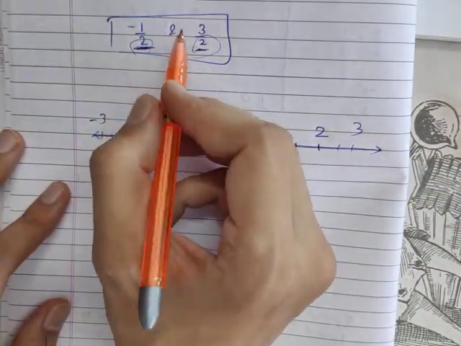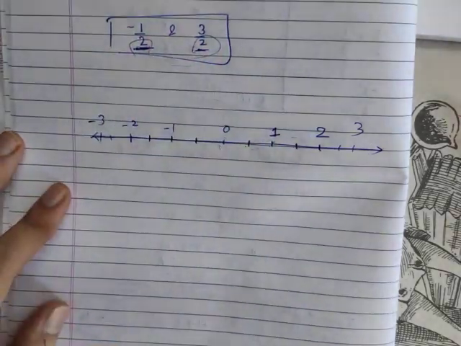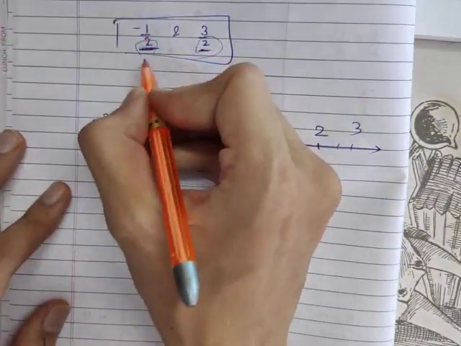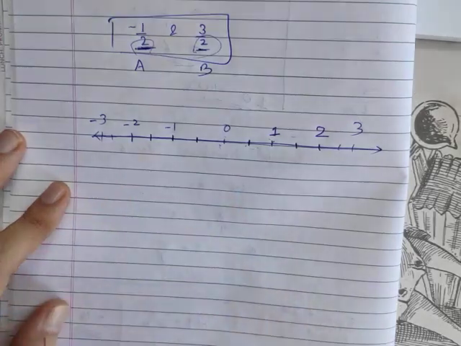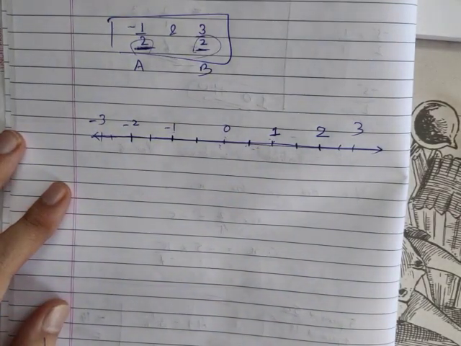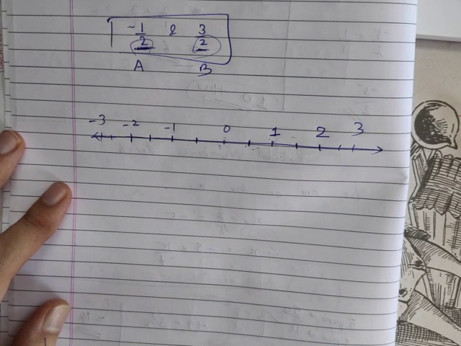Now, coming back to the question. Question says mark this on your number line. For example, this is to be marked with A, this is to be marked with B. So let's see where I can find -1 by 2.